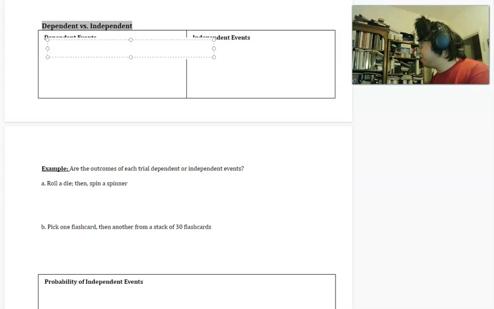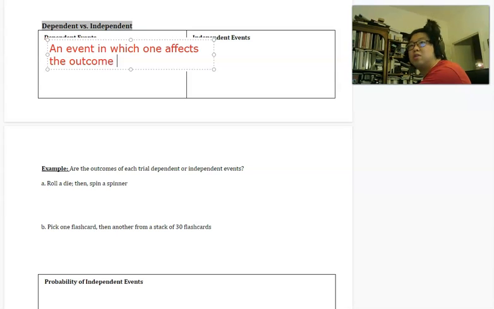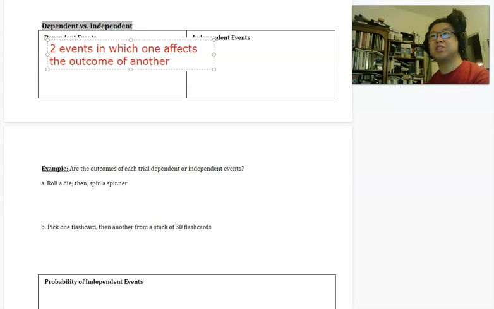A dependent event is an event in which one affects the outcome of another. So instead of an event, I should probably say two events, because we're talking about two events anyway.